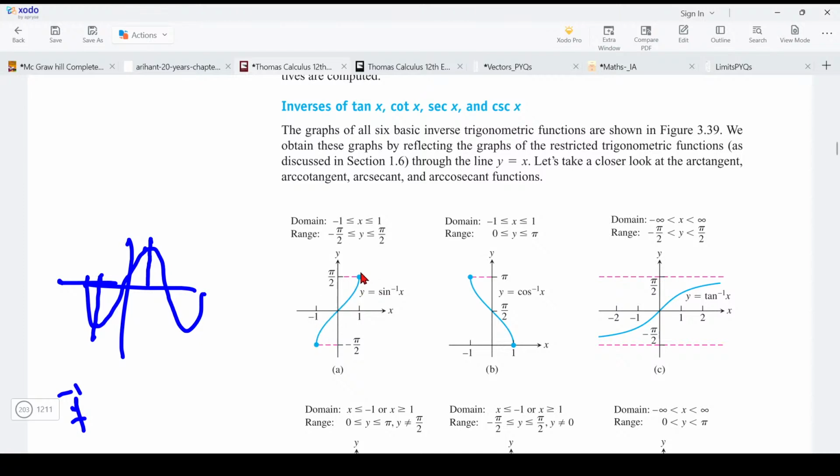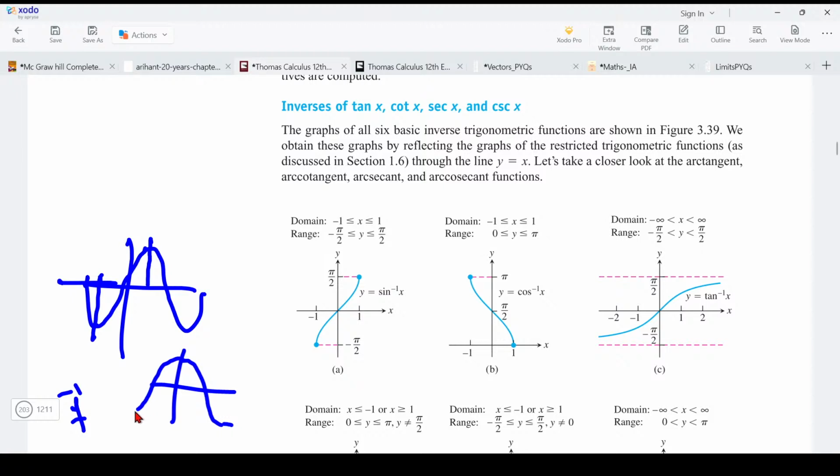So what we are actually doing is restricting the domain from minus pi by 2 to pi by 2. Understood, no? Similarly, cos x, this is the graph.